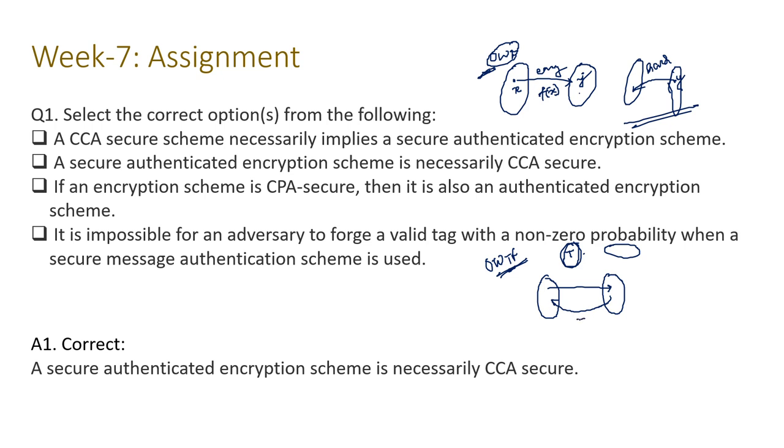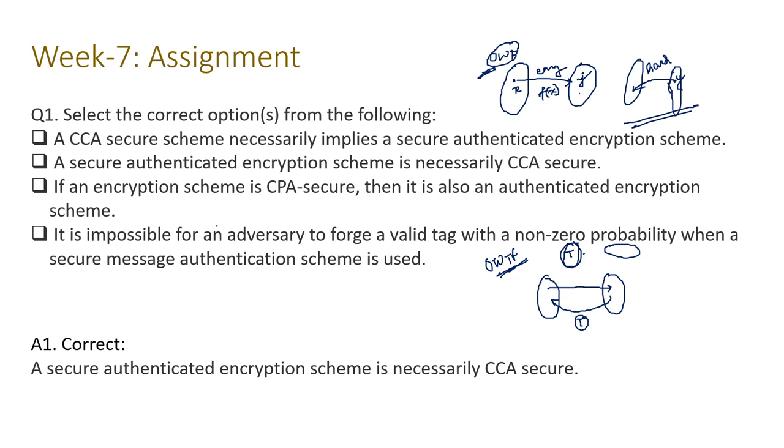Why? Because we assume that the trapdoor information is not known to everyone. Only with the help of the trapdoor is it easy to come backward. So, am I clear? Yes, ma'am. Okay. Thank you.